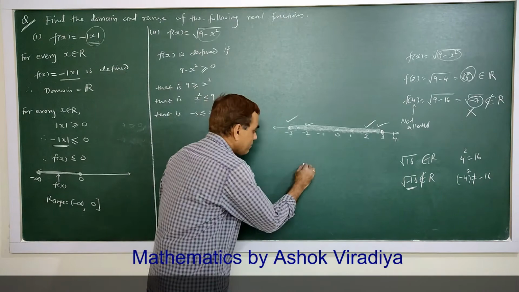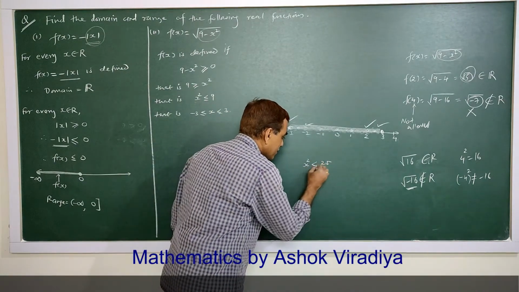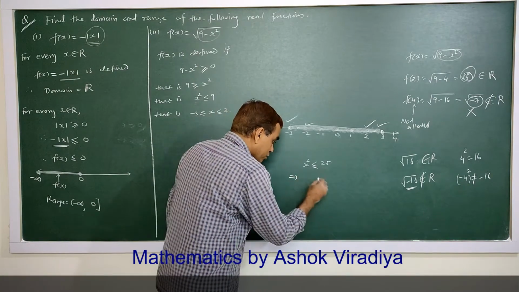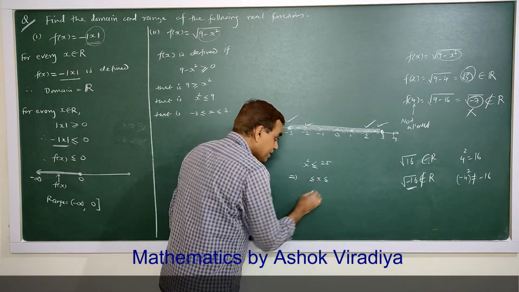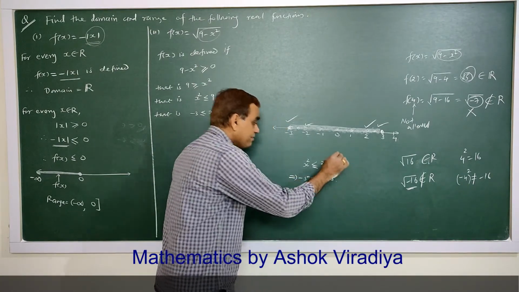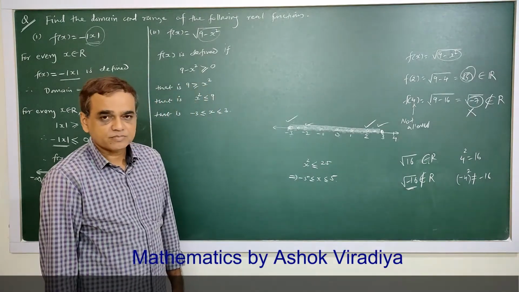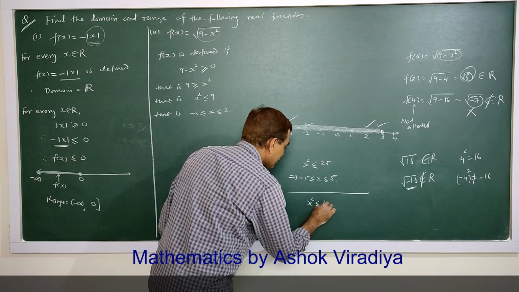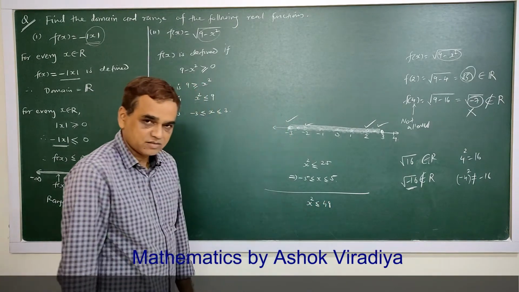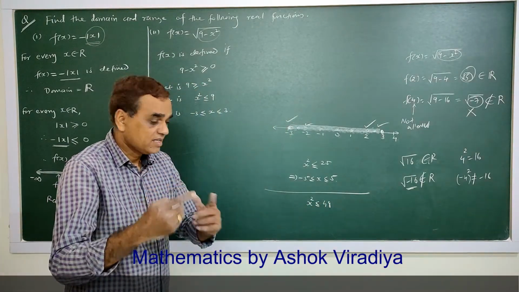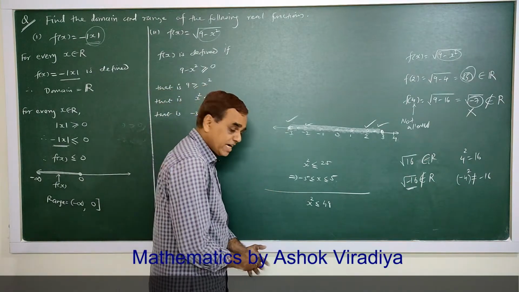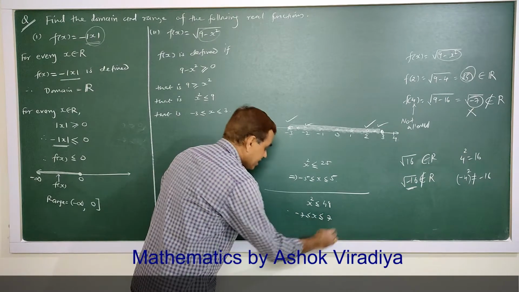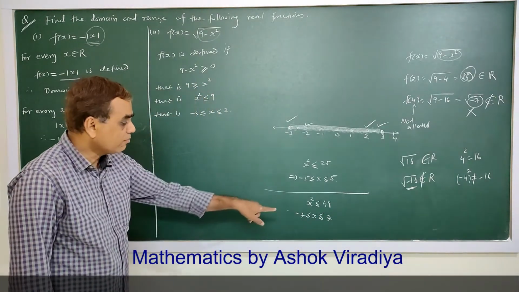Whenever in mathematics, suppose you are given x square less than or equal to 25, that means x lies between minus 5 and 5. If in any question you are given x square less than or equal to 49, whose square is less than or equal to 49, so numbers are between minus 7 and 7, including both.